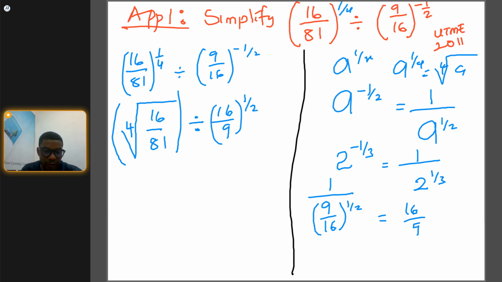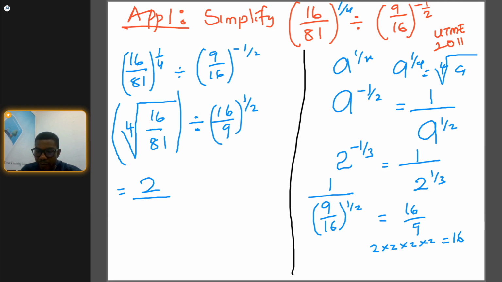Okay, so let's write on. Fourth root. What is the fourth root of 16? 2. 2 times 2 times 2 times 2 gives us 16. Over, what's the fourth root of 81?